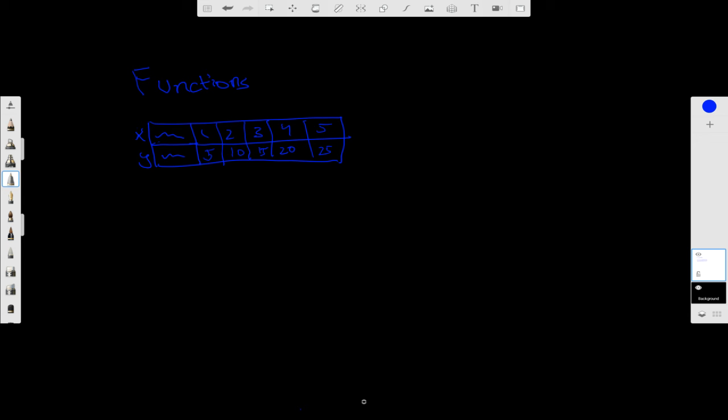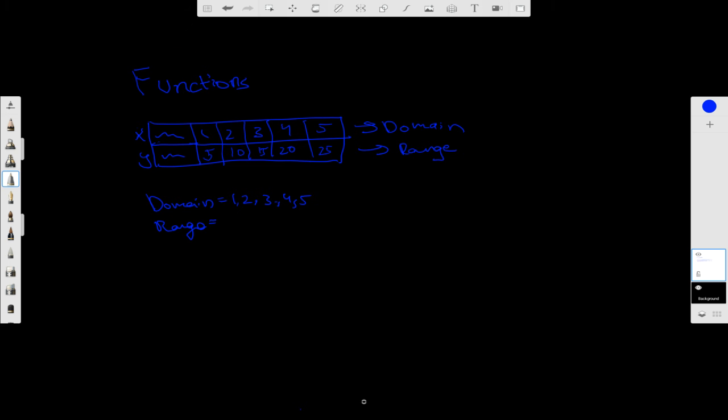So there's an input and there's an output to this equation. And remember, this is domain. This is range. So if we were asked the question, what's the domain and range of this function, we would write 1, 2, 3, 4, 5.